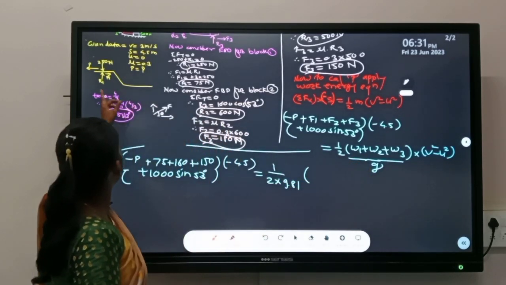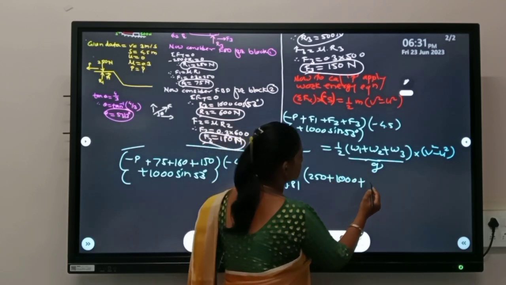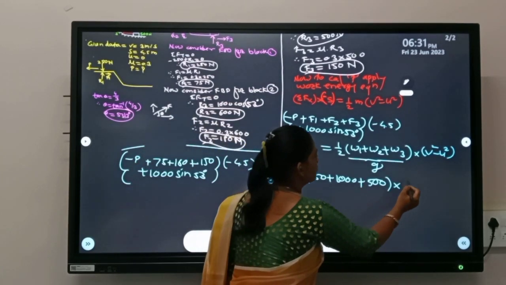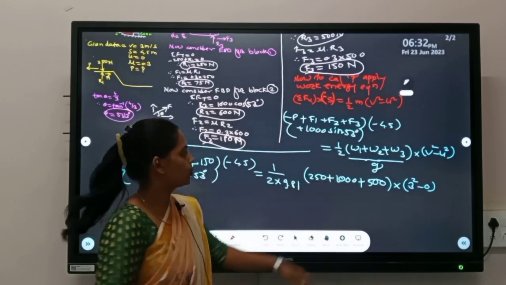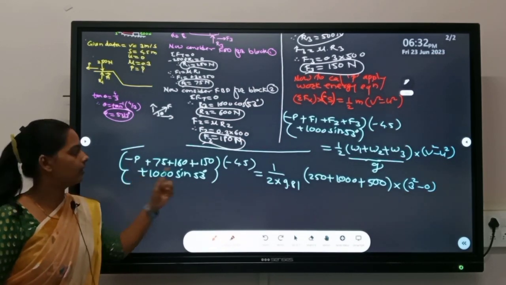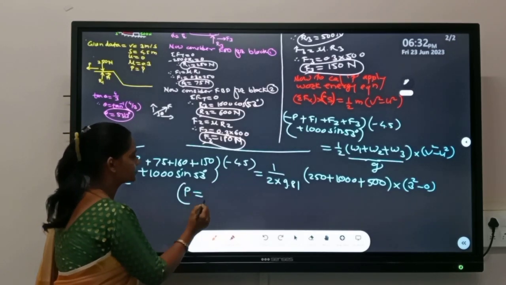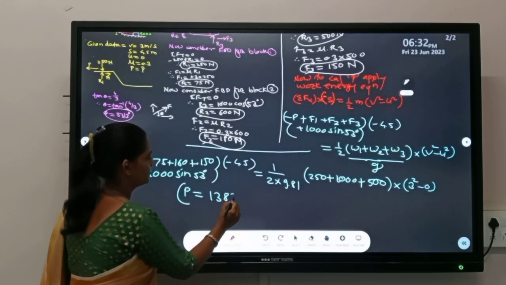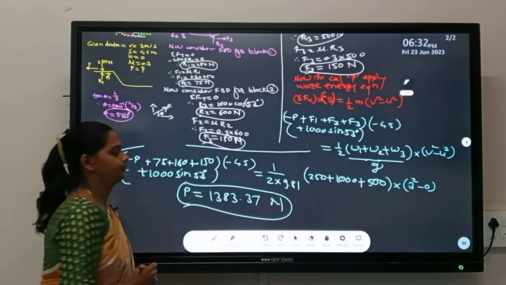What are the weights of all the blocks? 250 plus 1000 plus 500, into 3 square, since u is 0. So in this equation only one unknown is P, and other terms you can calculate on your own calculator, and just tell me the value for P. Newton. Okay. Thank you.